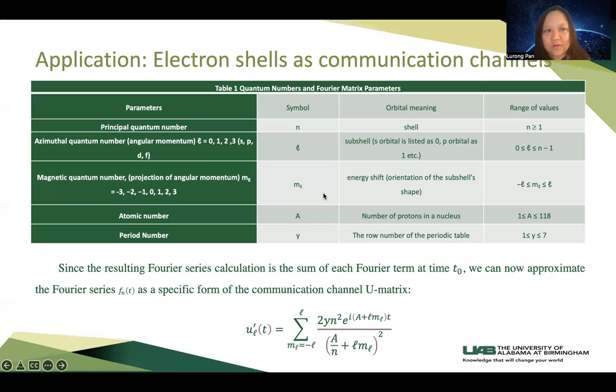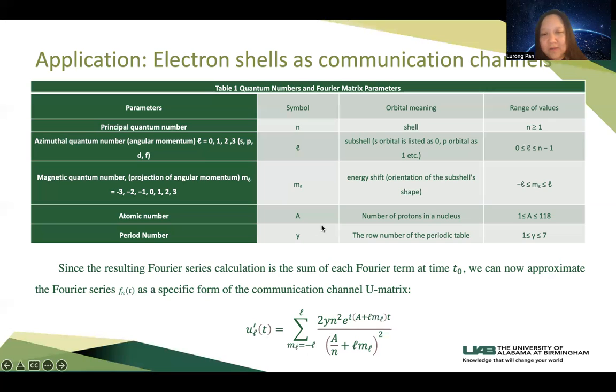The second is the angular momentum, which describes how the electron spins at different energy states. Then there's the magnetic quantum number, which describes the direction of the electron when it spins.